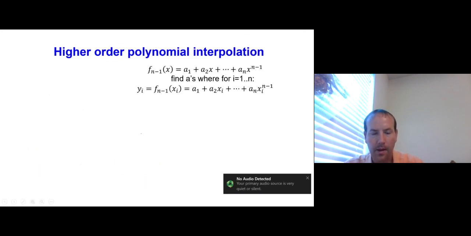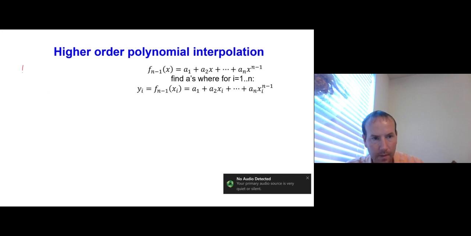Okay, so we've gone through linear interpolation, quadratic interpolation, and so finally what I want to do is leave you with how this looks in general for higher order polynomial interpolation, and have a single framework that covers any order of interpolation.